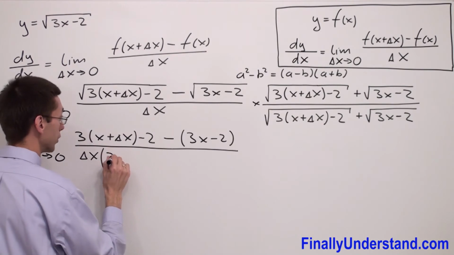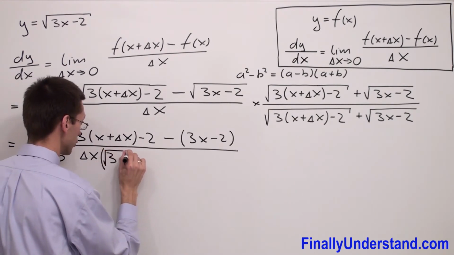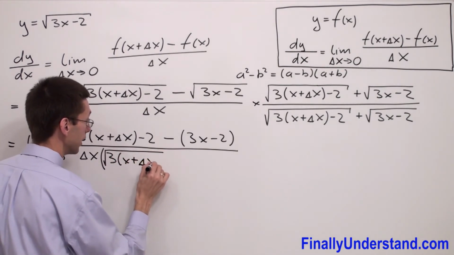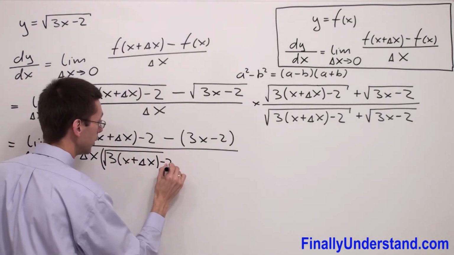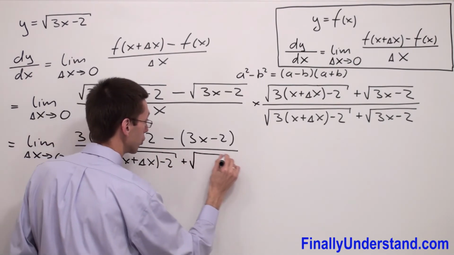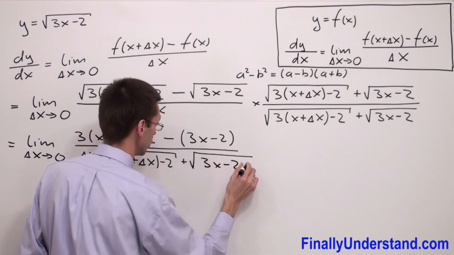So I have 3, of course the square root of x plus delta x minus 2 plus the square root of 3x minus 2.